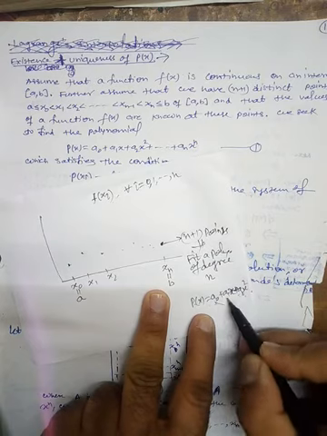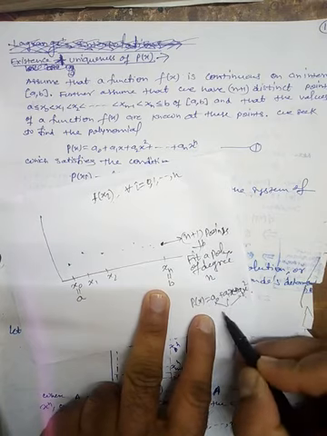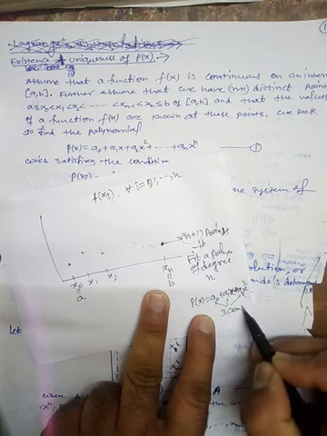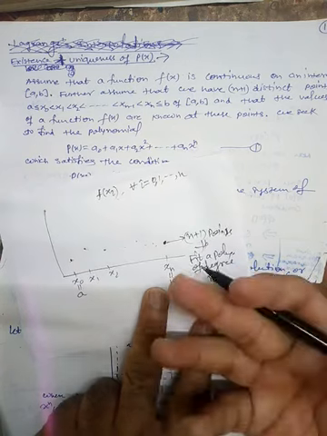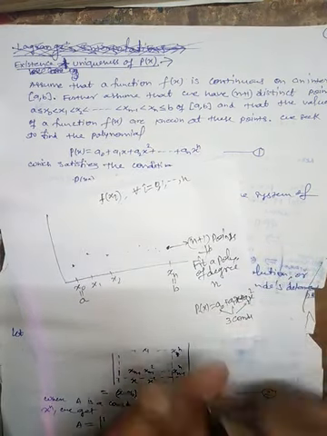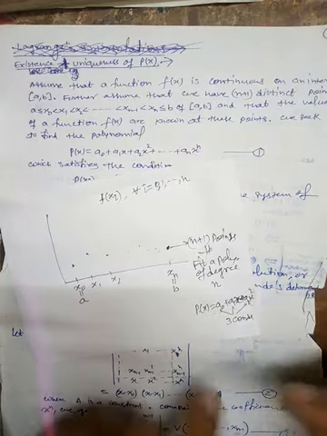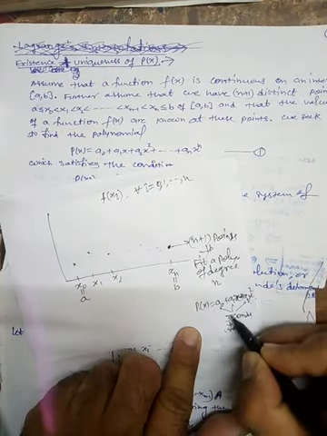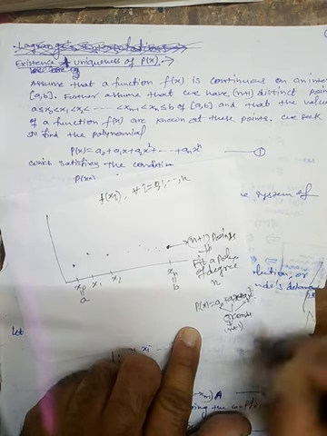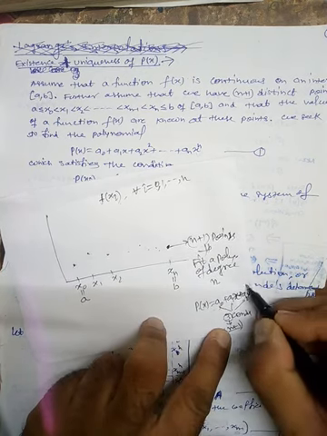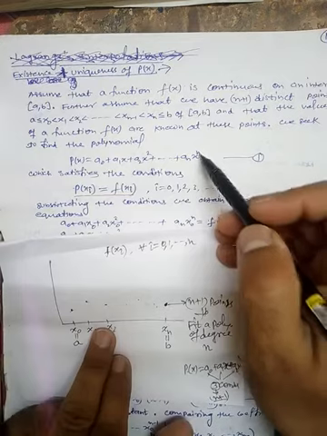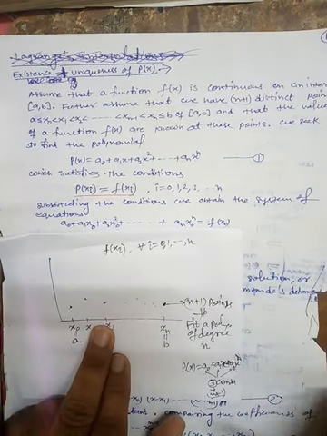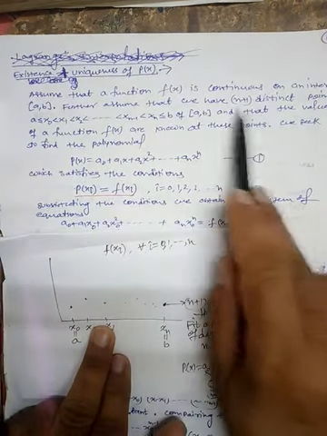So to find a0, a1 and a2 you need 3 conditions, so that you will have 3 equations, solve those equations and find a0, a1, a2. That's why, if you have n plus 1 points here, here is 3, here is 2. So if you have n plus 1 here, there should be n. And that's why we have an n degree polynomial, because we have a total of n plus 1 points.